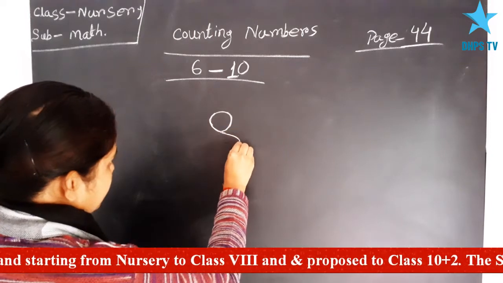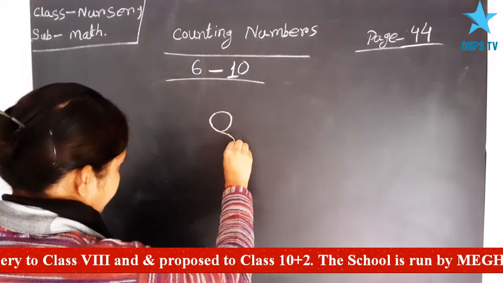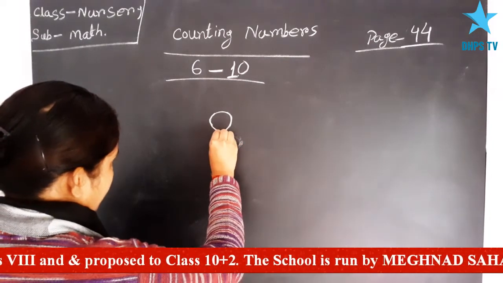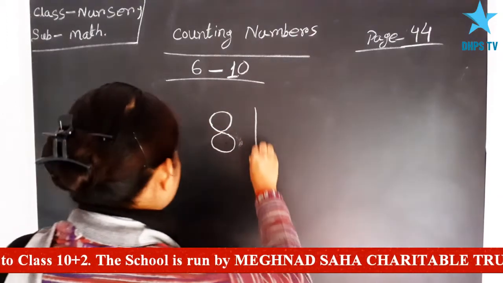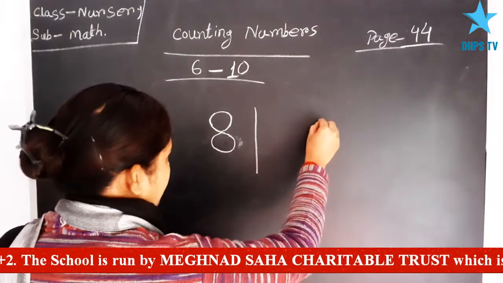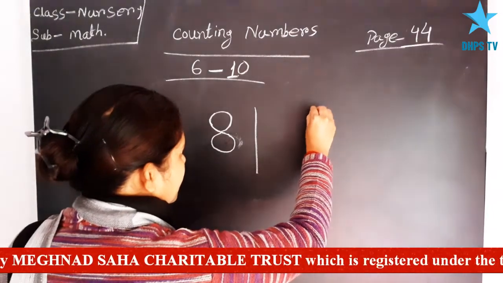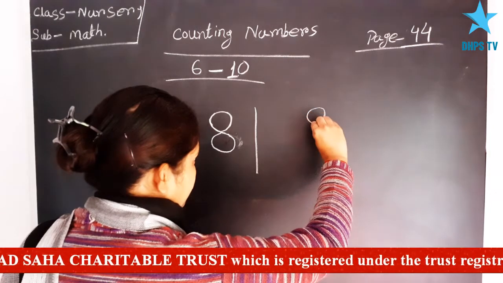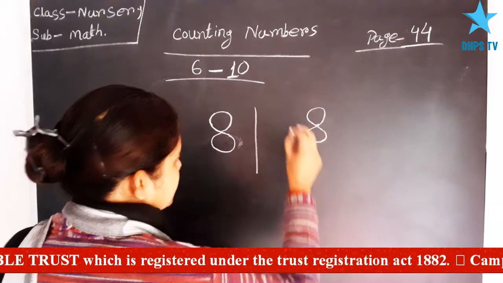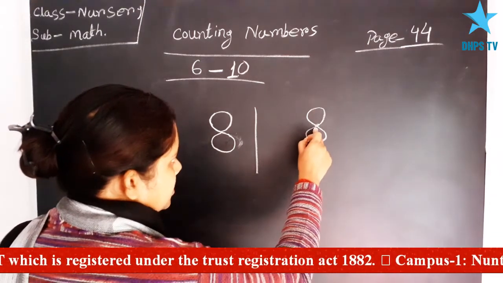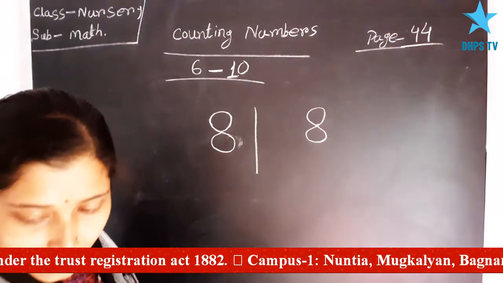Then again turn the circle in bottom and join with the point. So at first start with a point and make a circle, then again in the bottom make a circle and join with the same point. So the number is 8.